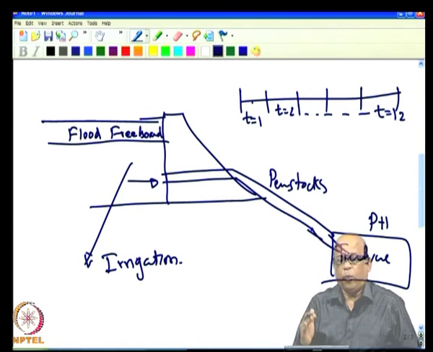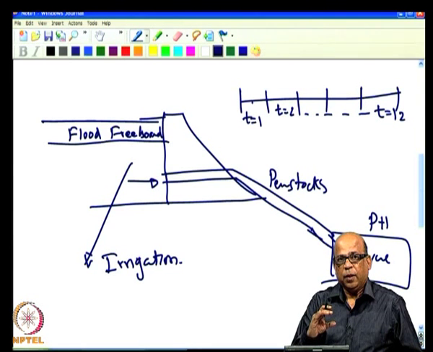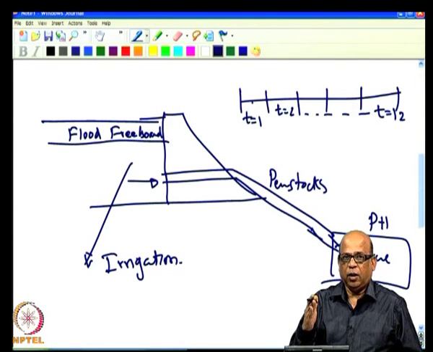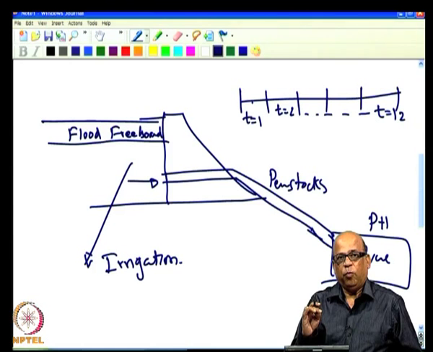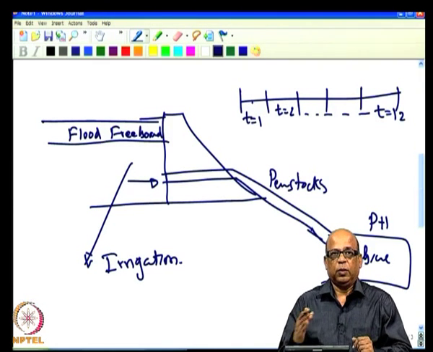So, this is the operational problem. That means, you are saying at the beginning of time period t, which may be a month, at the beginning of let us say August month, what should be my storage level, or what should be the release given the storage level. So, this is the problem that we are talking about.